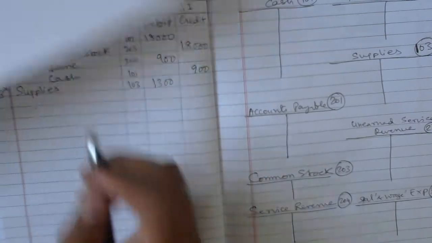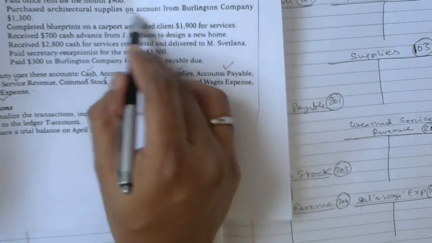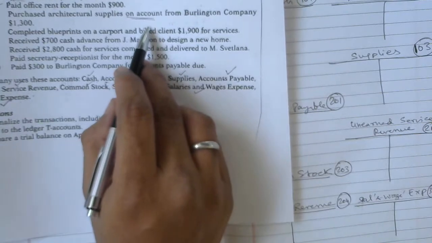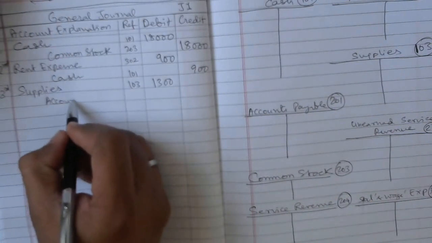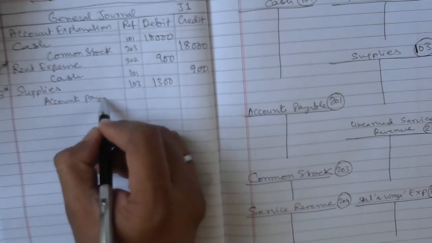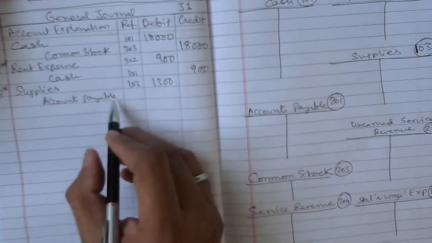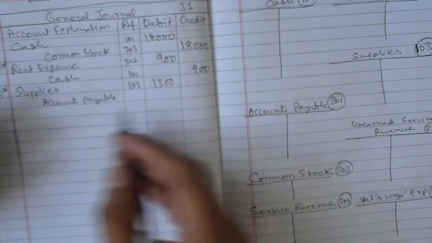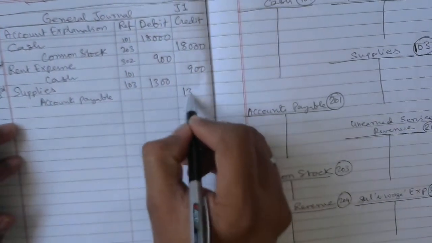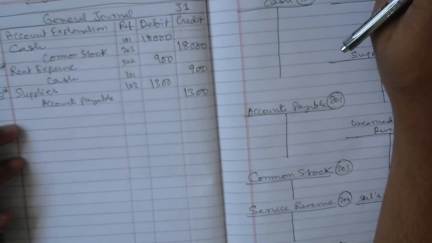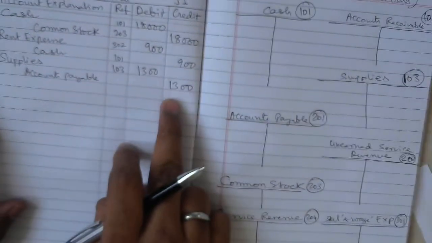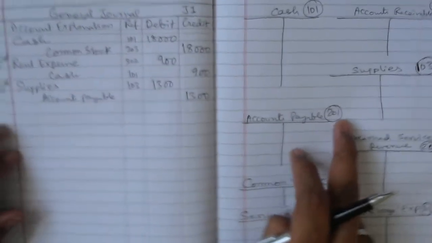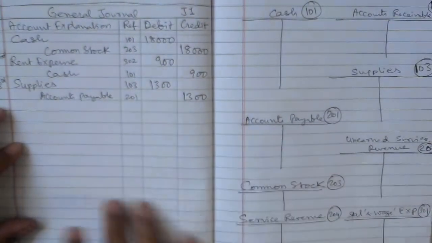Now, you're purchasing on account. You're not paying money, so it is accounts payable. Accounts payable is a liability, and increasing liability again comes under credit. So accounts payable is credited by 1300, and accounts payable was given a code of 201, so I'll write it here.